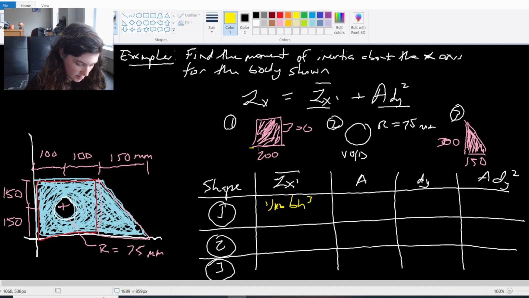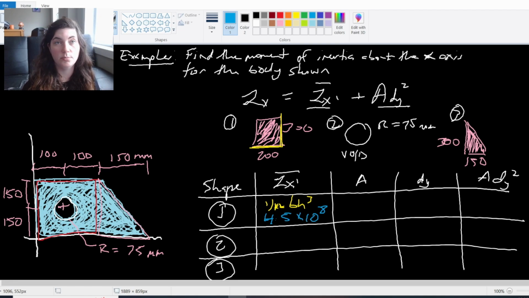My base in this case is 200 and my height is 300, so 1/12 times 200 times 300 cubed. I'm going to get a huge number here, so I will use scientific notation to condense it a little. I get 4.5 times 10 to the 8th when I plug that into my calculator.